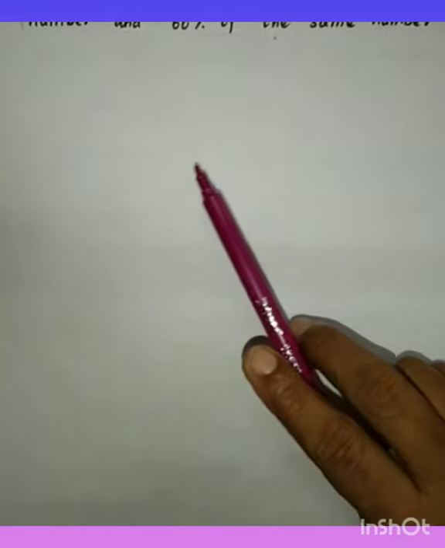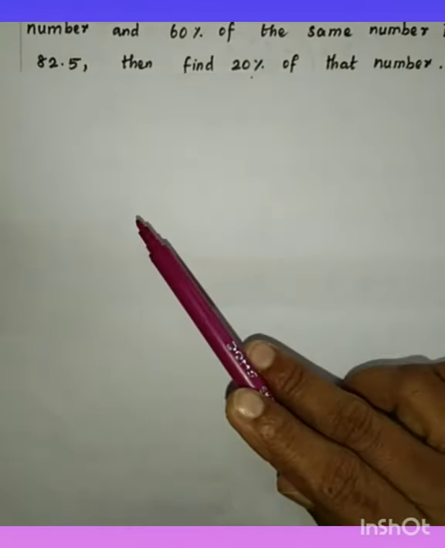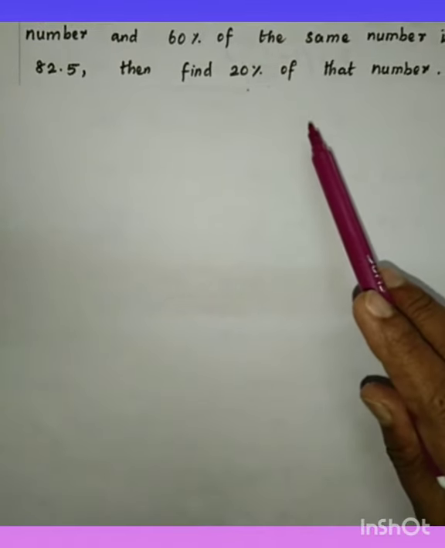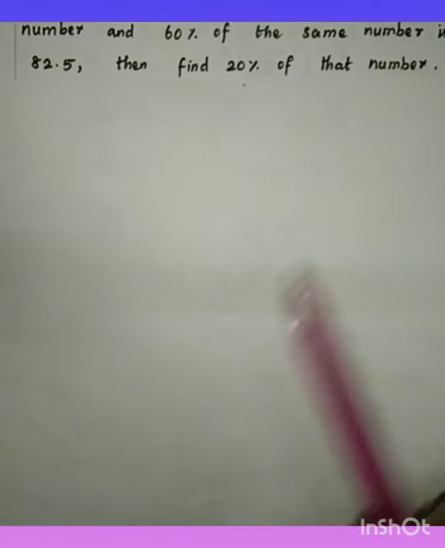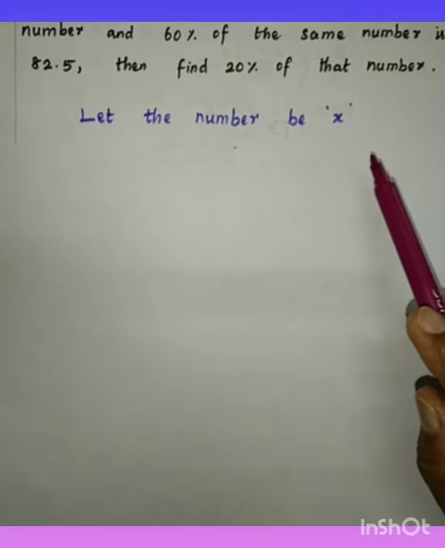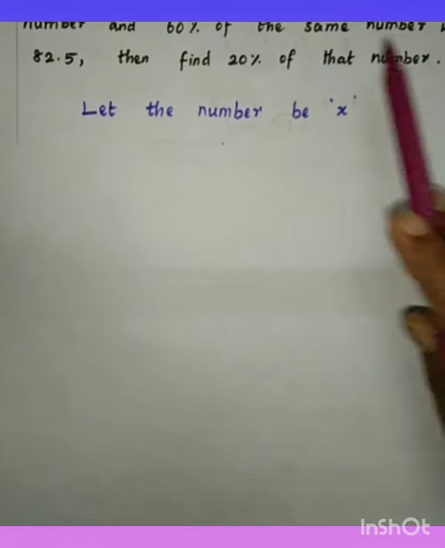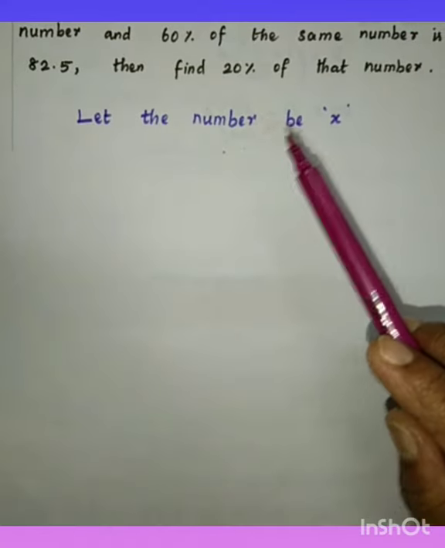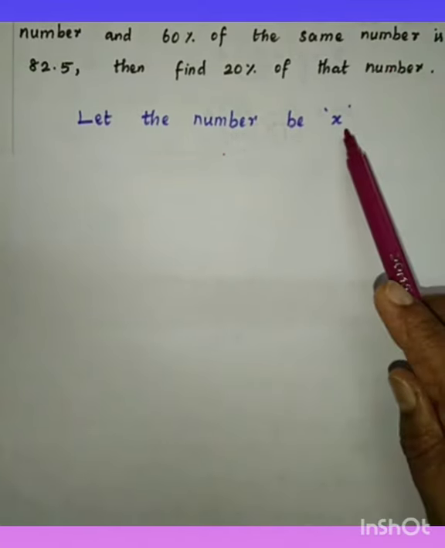Problem: if the difference between 75% of a number and 60% of the same number is 82.5, then find 20% of that number. So we can take that number as x. So let the number be x. What is given in the question? 75% of a number, that is 75% of x.